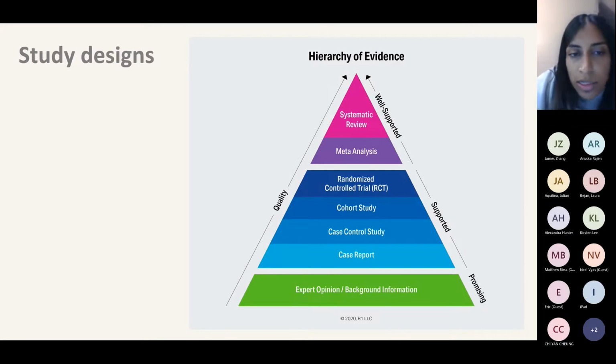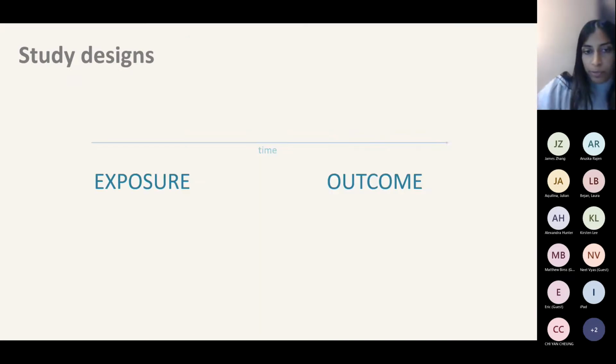Observational studies come next, and cohorts are better than case controls, but cohorts require many more sets of data. And case reports are lower because they're just a singular bit of information about one patient, often, unless it's a case series. And then at the very bottom, there's expert opinion, because that's prone to lots of types of biases.